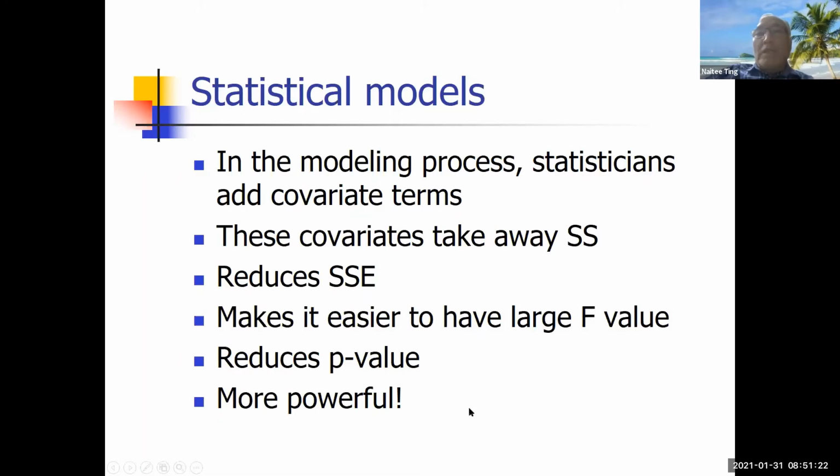Power is only meaningful when the drug works. If you know the drug works, you look for power. But if you don't know whether the drug works or not, your decision can be a type 1 error or a type 2 error, right? It has nothing to do with power.